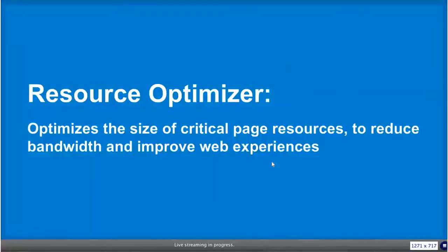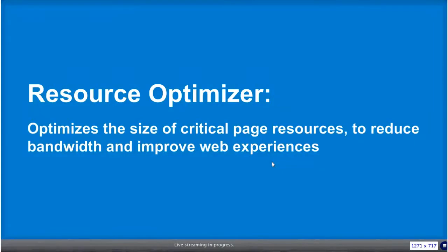It's called Resource Optimizer. With this nice window of opportunity that we have to push resources, if we can make those resources even smaller, we can push more information in that period of time. So Resource Optimizer, similar to what Image Manager that Akil was talking about for images, is going to automatically reduce the size of those critical resources that really contribute to that web experience.